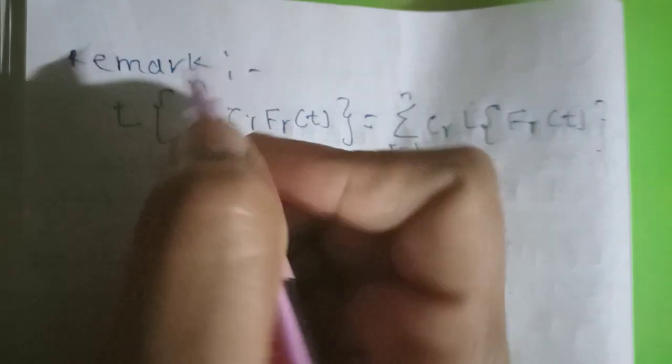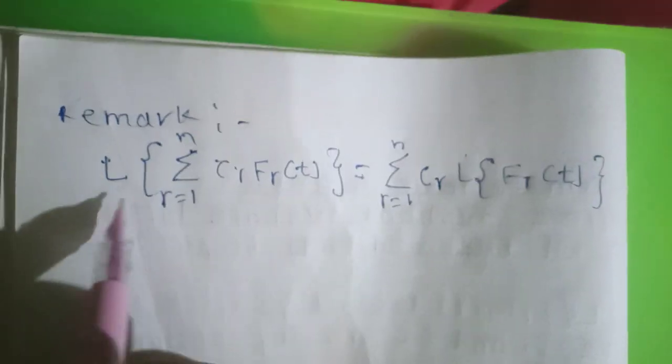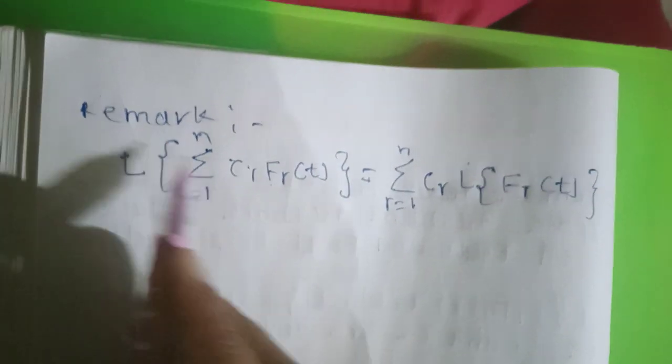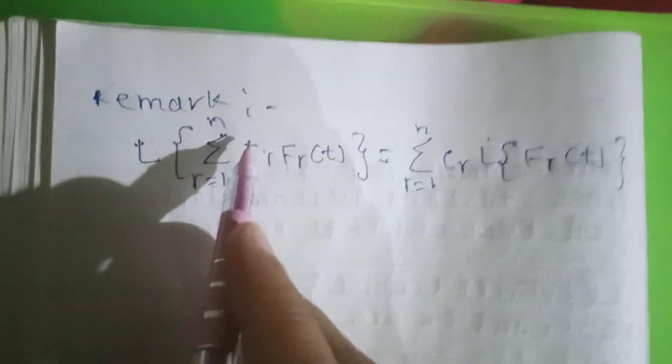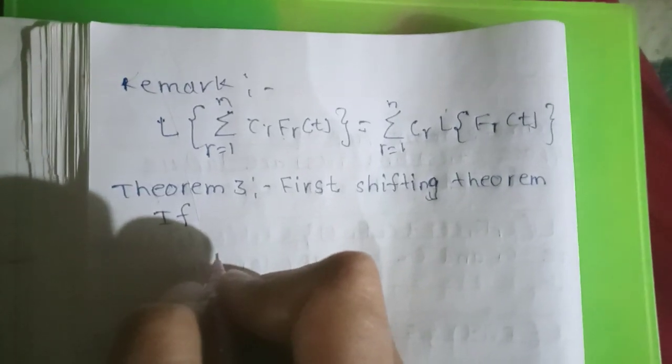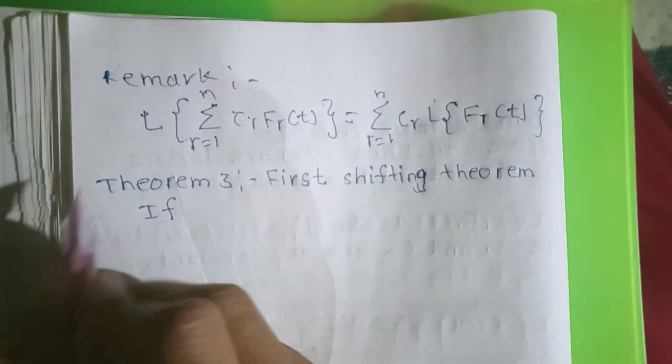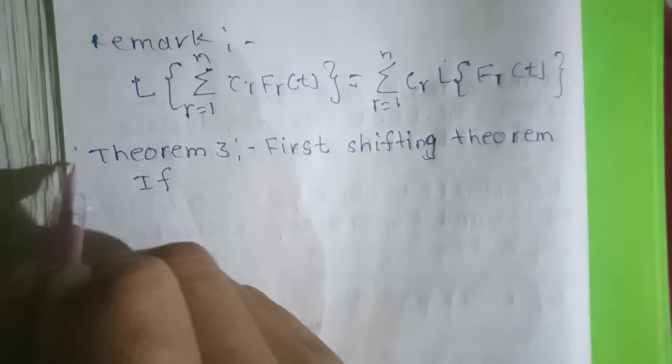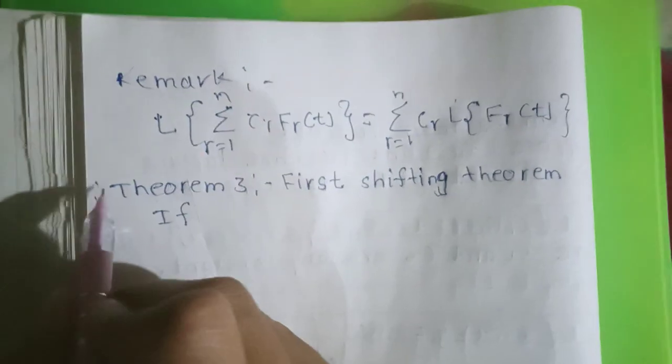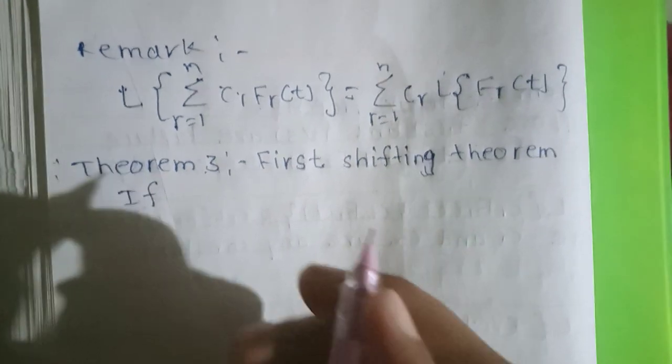This is the remark of the linearity property, up to the nth term. Then the second topic is the third theorem, that is the first shifting theorem.